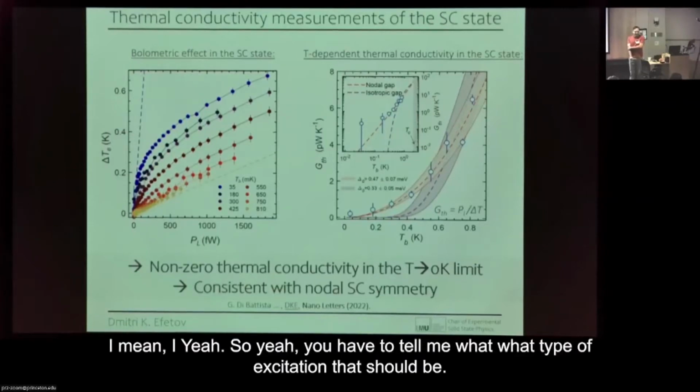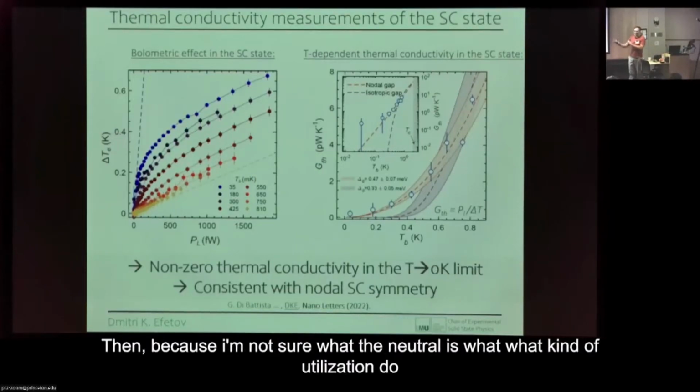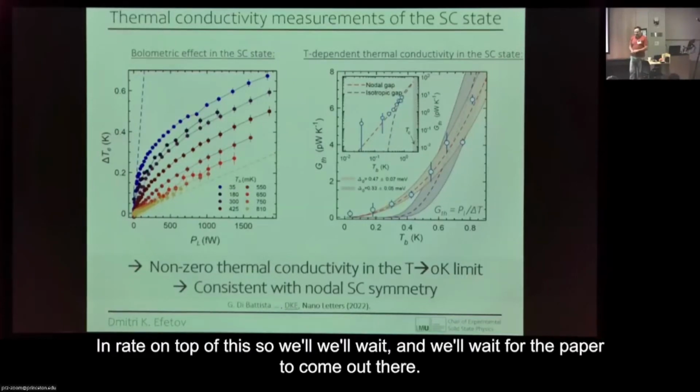You have to tell me what type of excitation that should be. Because I'm not sure what kind of neutral excitation you would propose. There are some spin waves on top of this bilayer graphene state. Okay, yeah. So we'll wait for the theory paper to come out then.